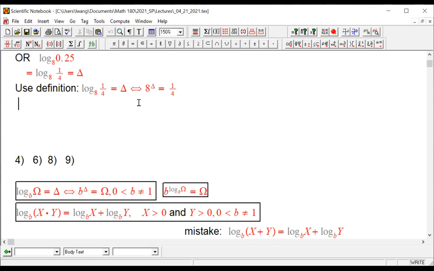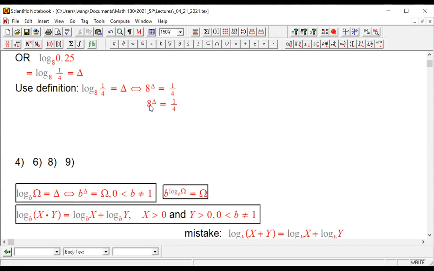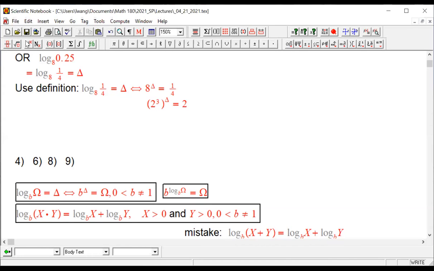On this question, you can write 8 as base 2 to the power 3. 2 to the power 3 is 8. 4 is 2 to the power of what? -2.